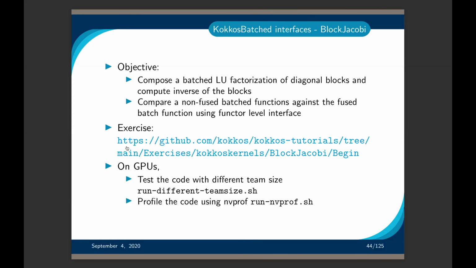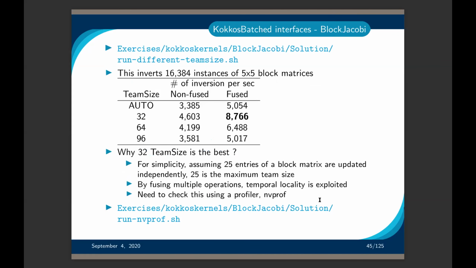You can find this example here, and you just compile it and then you can run the script. One runs different team sizes. The other one runs the MBprop and shows the profiling result. So this is the summary of the output.